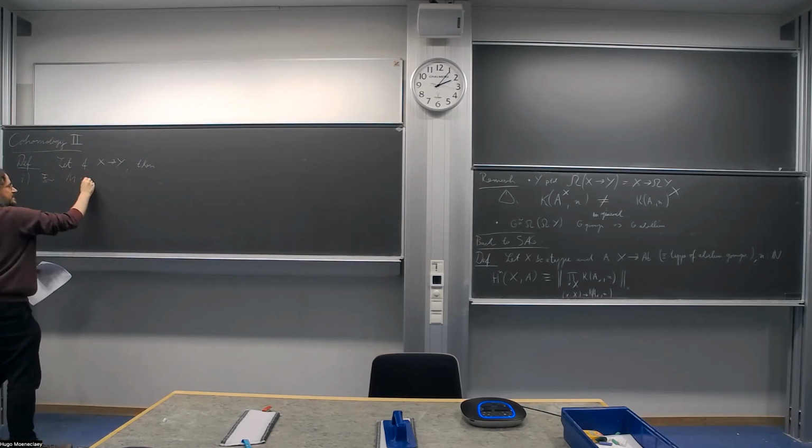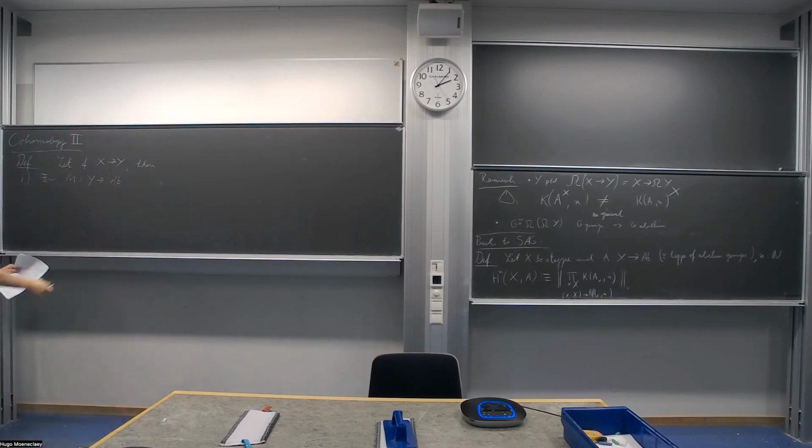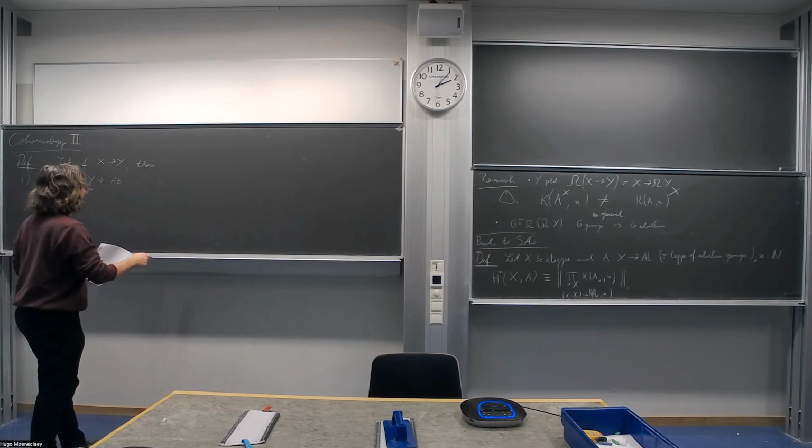So if I have something over here, I can pull it back, and maybe let's just talk about abelian groups. Later we most of the time use modules when we apply something like this, but that's just forgetting some of the structure.